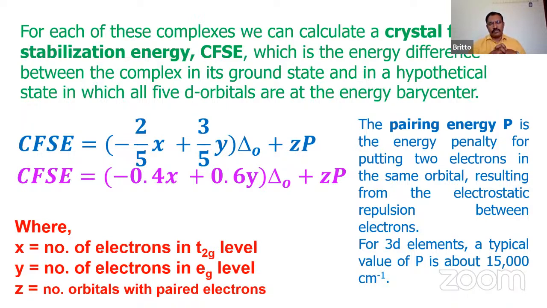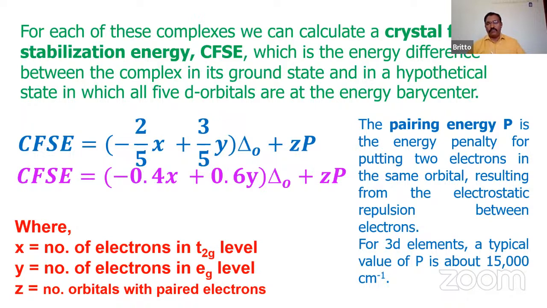The equation is crystal field stabilization energy equals minus 2/5 X delta O, where X is the number of electrons in the t2g level, since each such electron contributes minus 2/5 delta O, plus 3/5 Y delta O, where Y is the number of electrons in the eg level. That term is positive because the energy is increased.